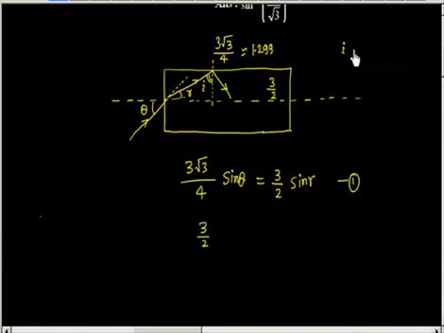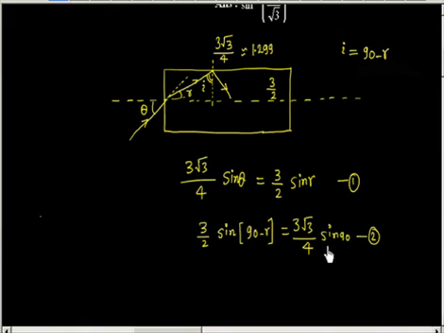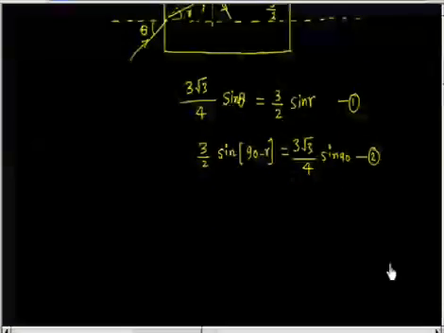So I can write sine i, which is sine of 90 minus r, is equal to n2, and n2 is 3 root 3 by 4. And total internal reflection takes place, so the condition of total internal reflection is that this angle has to be 90 degrees, so n2 sine 90. So this is condition 2. Now we have to solve these two conditions, and then we can solve for theta.